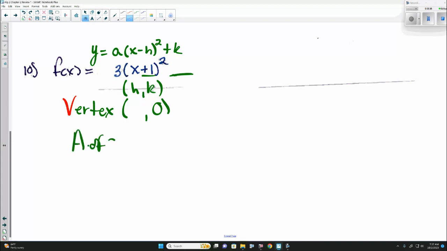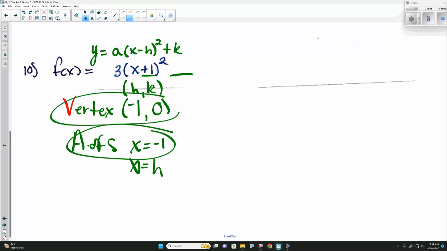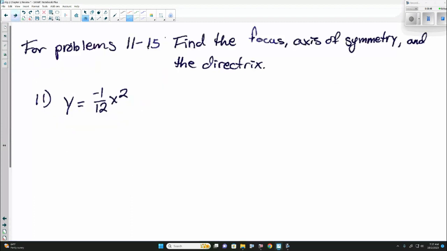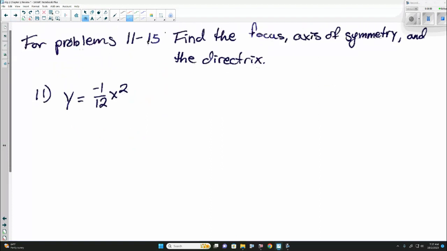And our axis of symmetry is the equation x equals h. And as we already said, h is -1. We have everything we need here. Vertex, focus, directrix, and axis of symmetry.